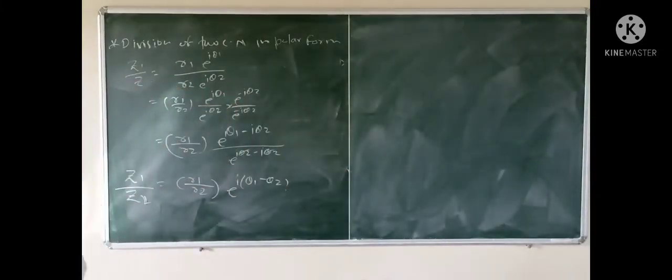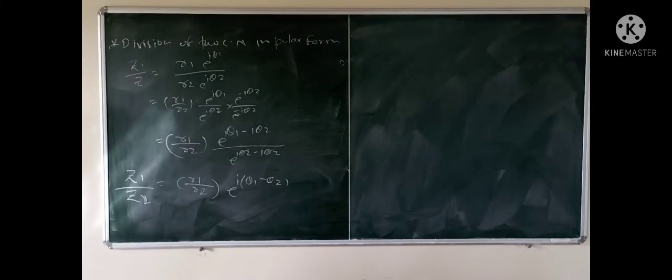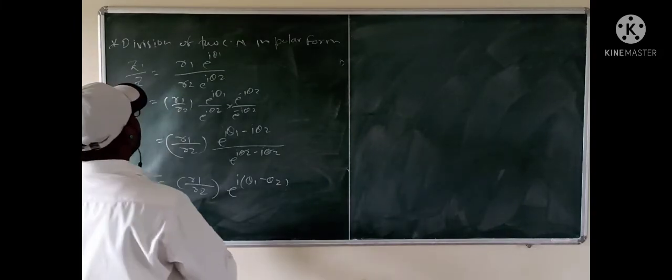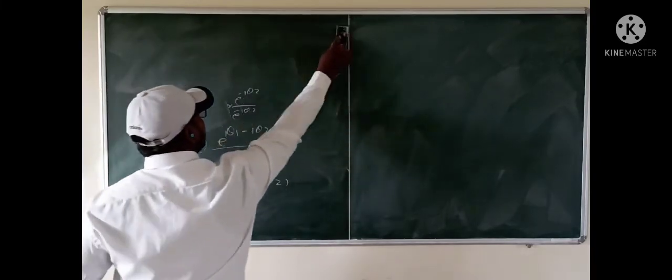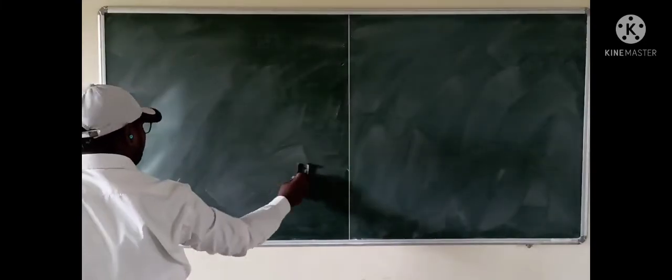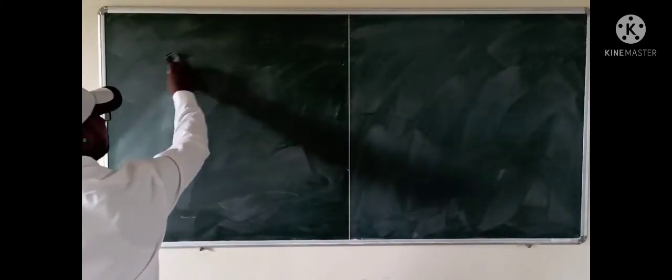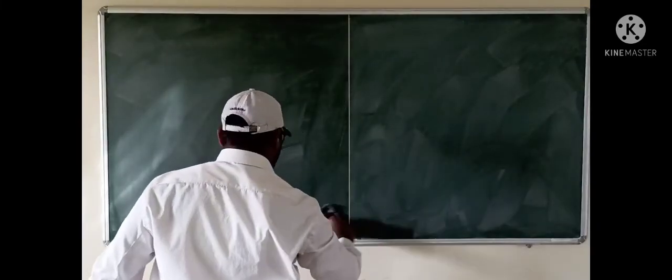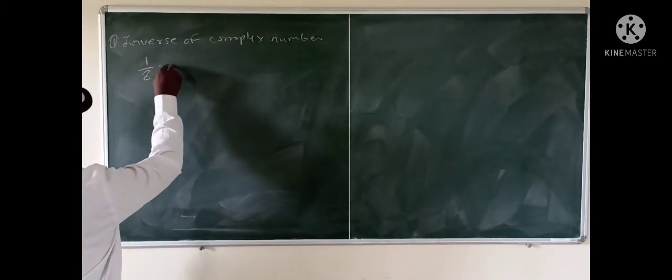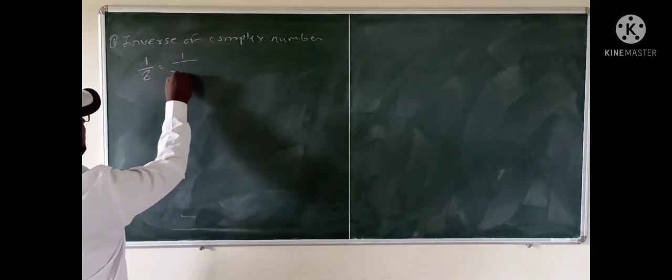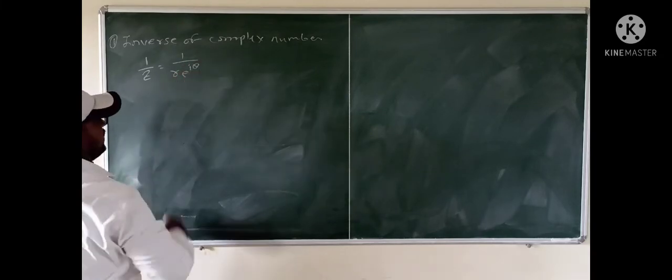Now we will see important properties of the polar form of complex numbers. The first property is the inverse of a complex number. If you take the inverse, 1 upon z is equal to 1 upon r e raised to i theta.